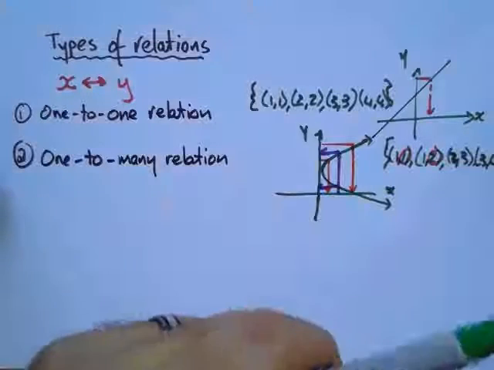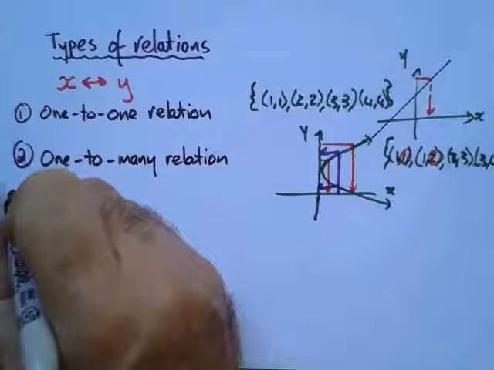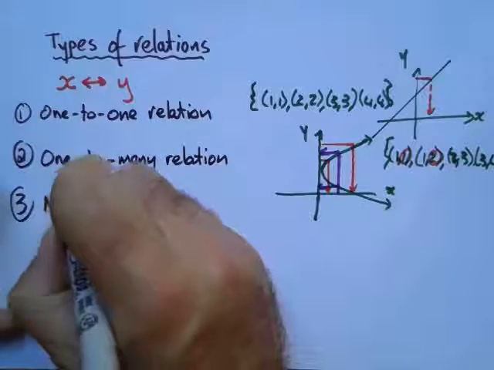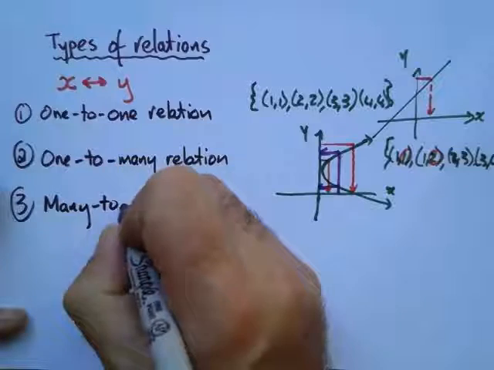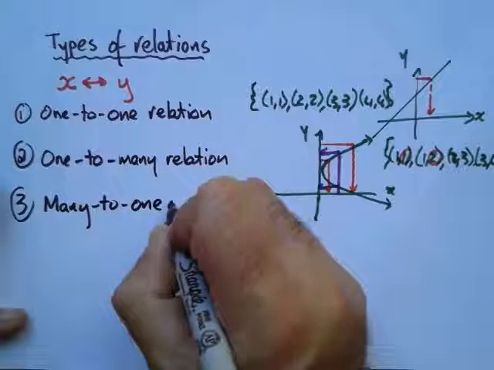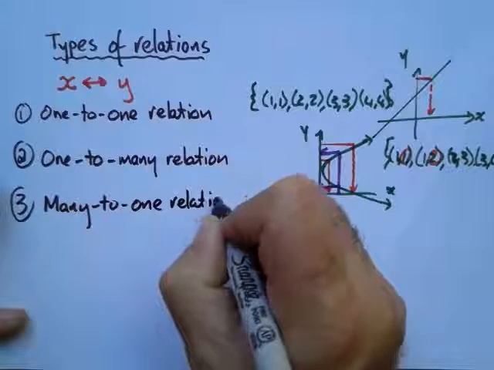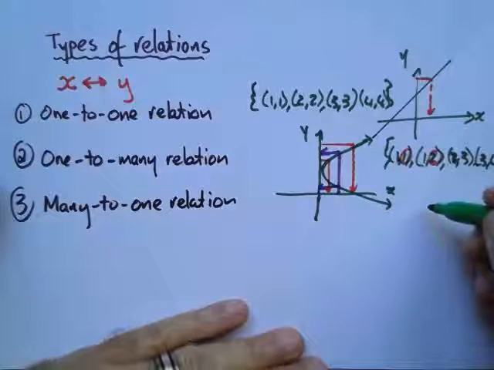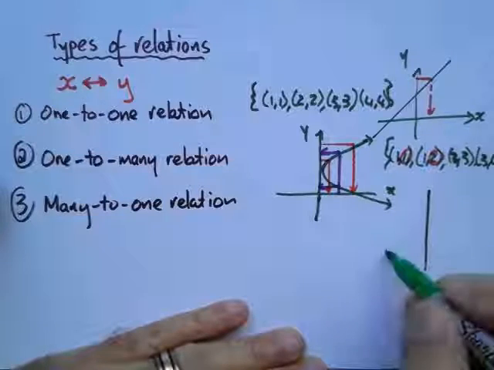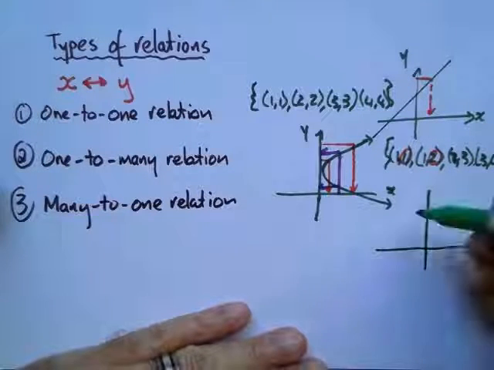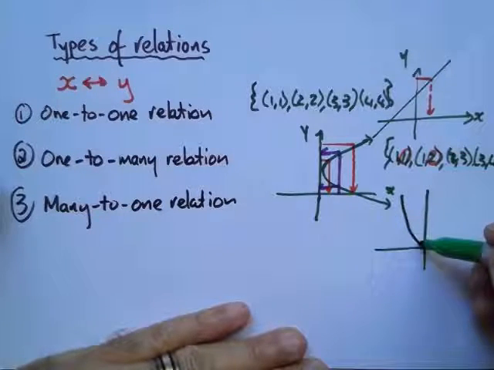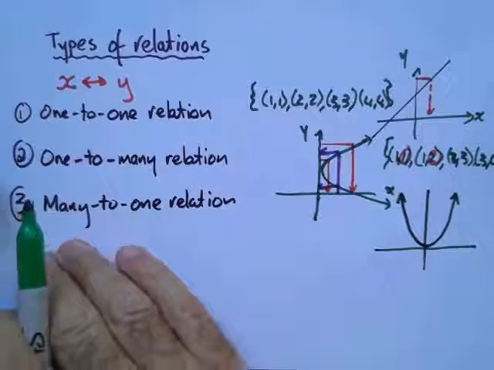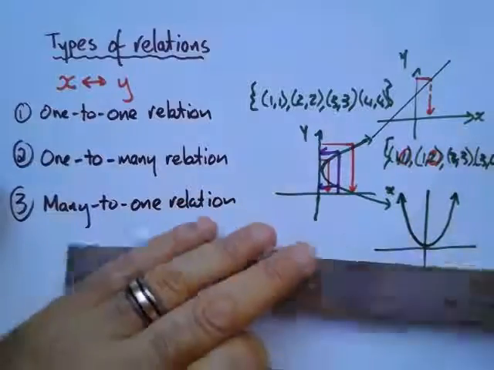Our third one will be a many-to-one relation. I'm going to do one-to-many over here, or many-to-one over here. If I have a graph looking like this, I want to know what the x value is first, so I'm going to go down the y-axis.